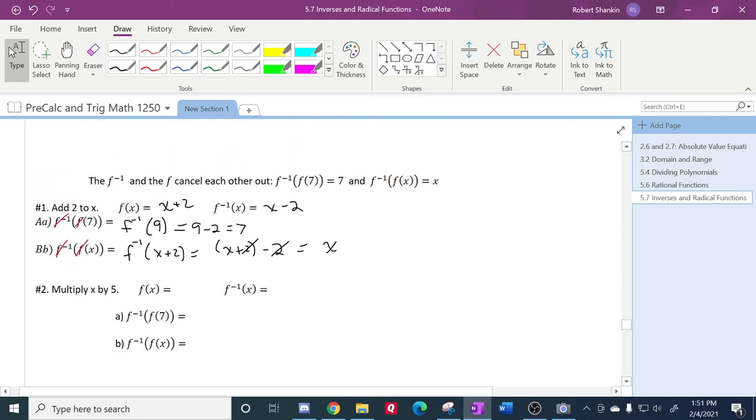Okay, do it again with the multiplying by 5. I'll give you a minute, so you have to work fast to get ahead of me, and then I'm going to do it.